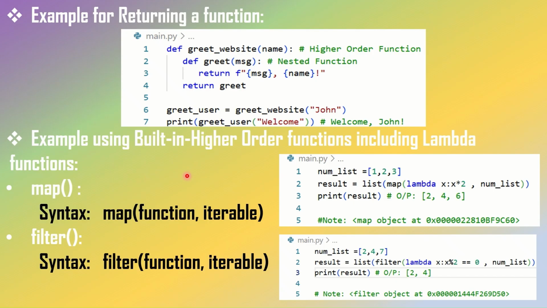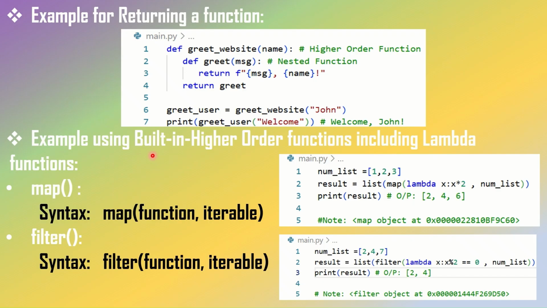In the previous examples I defined custom higher order functions, but Python also provides built-in higher order functions, so that we can directly pass a function as an argument to those functions and get results.